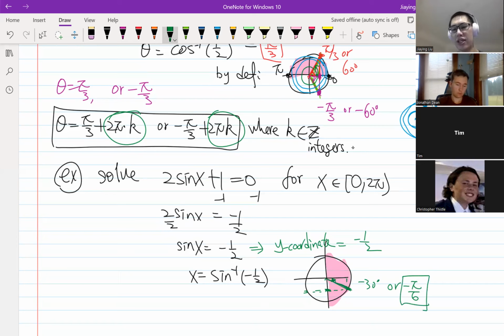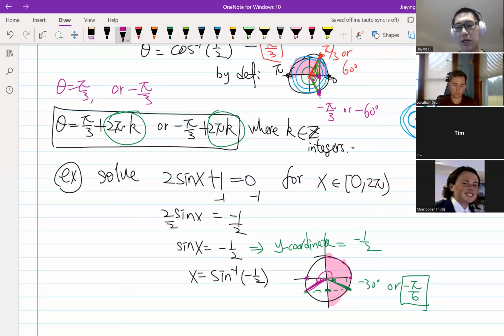Okay, so that's just using the definition, but it looks like there's another angle on the left side of the x-axis that's going to give us the same y coordinate, the same sine value. Now, how big is this angle on the left? You can use either a positive angle or a negative angle. It's up to you. Suppose I'm going to use a positive angle. So how big is this angle? That's from here to there.